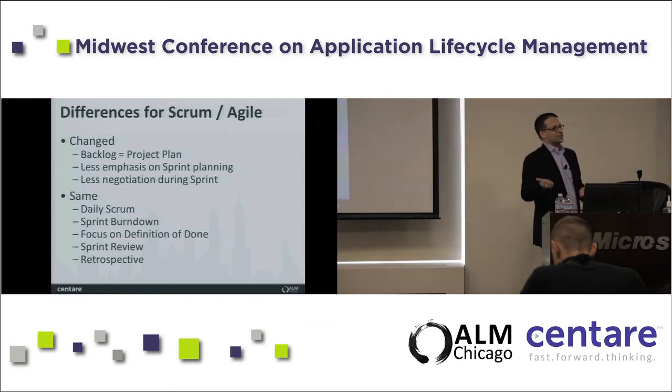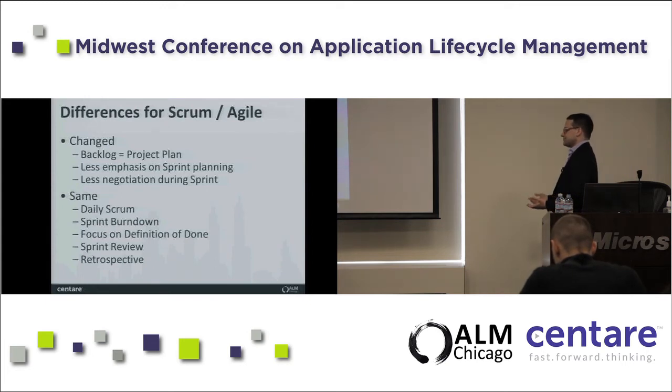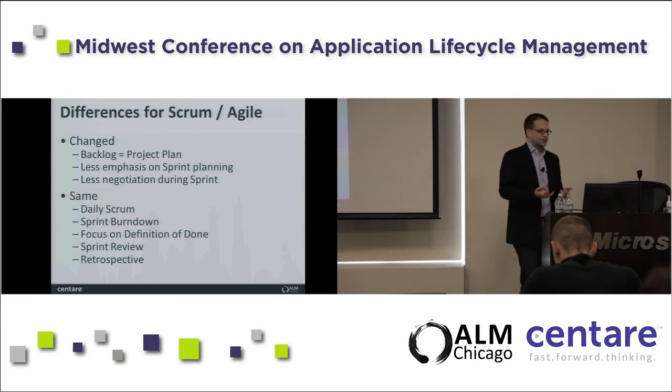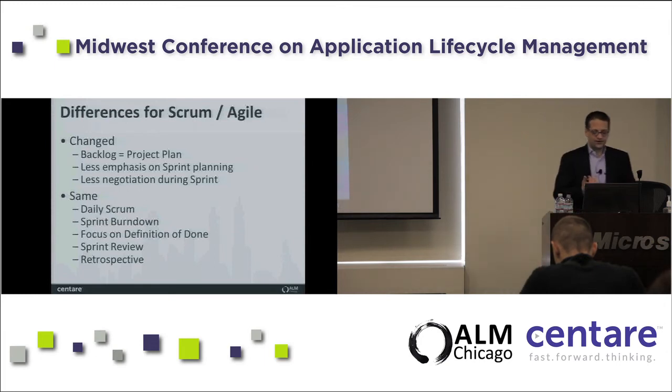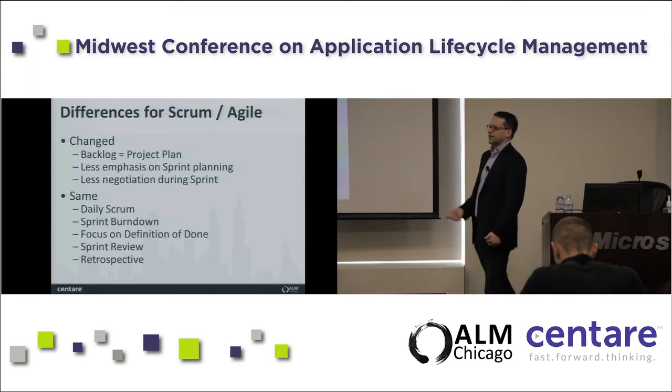If you focus on definition of done, hopefully you will not have that same problem. Do a sprint review, do the retrospective. Very important to make sure that you're demoing working software in that review, and that in the retrospective you're thinking about what went well, what didn't go well, and coming up with actionable things to make it better for the next sprint.